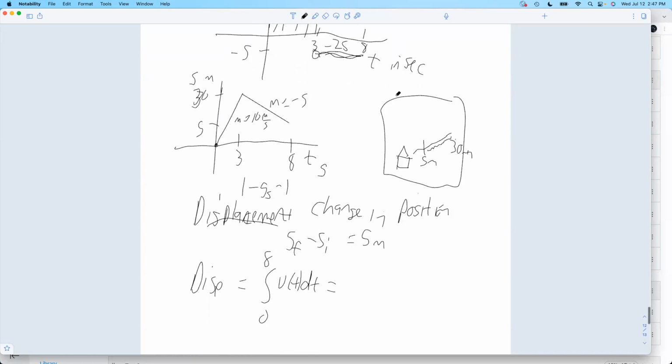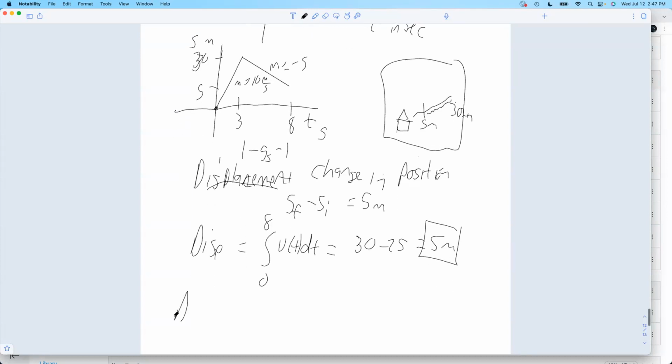So displacement is the net change in area. That would be 30 minus 25. Meters per second will be my units. Let's write the answer. Displacement's in meters. 5 meters. That's meters per second times seconds. We just get meters.